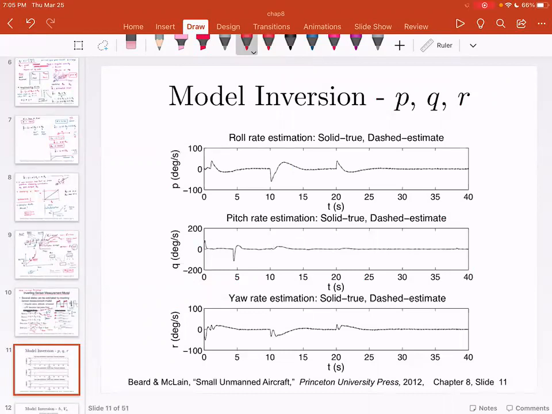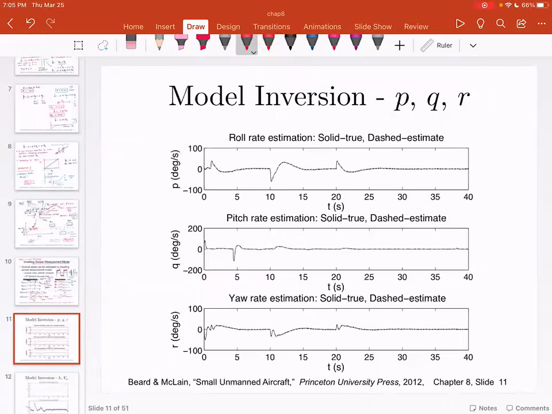The only thing I need to do is this roll rate estimation, pitch rate estimation, and yaw rate estimation can be obtained using the low pass filtering of the gyro input. And then maybe you can add a complementary filter along with the accelerometer to make the estimate of the roll angle and pitch angle good. You cannot estimate yaw because, okay, let me ask you this question.